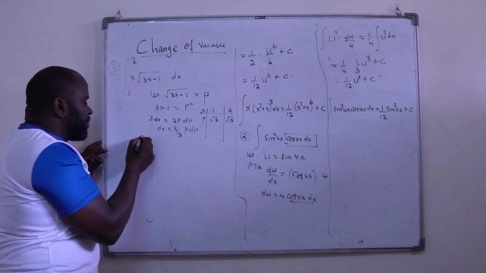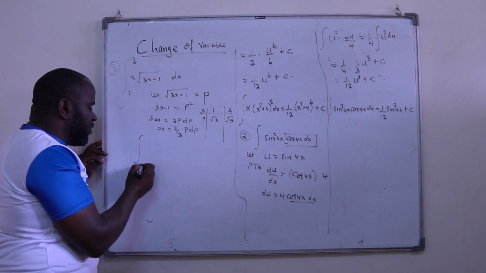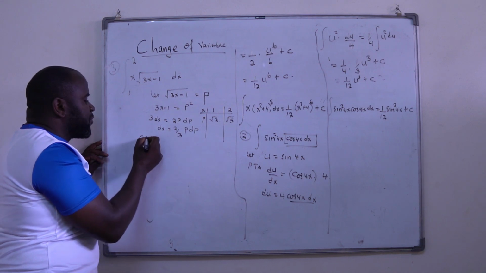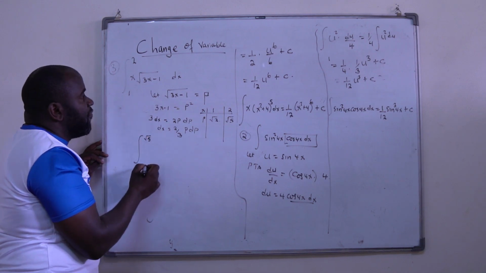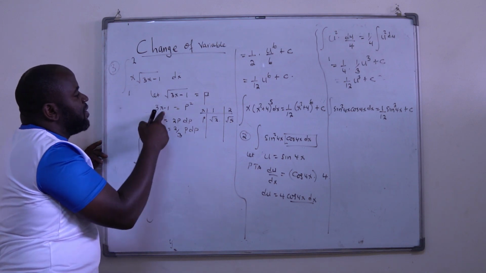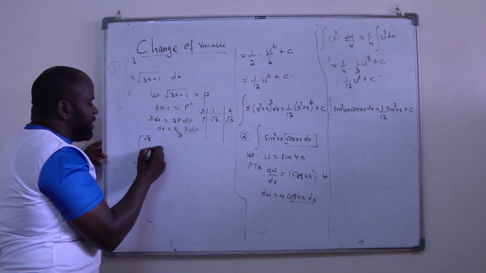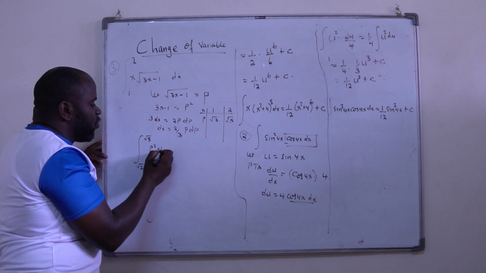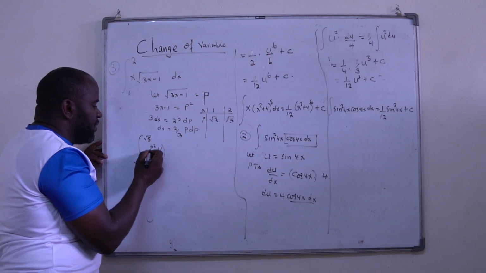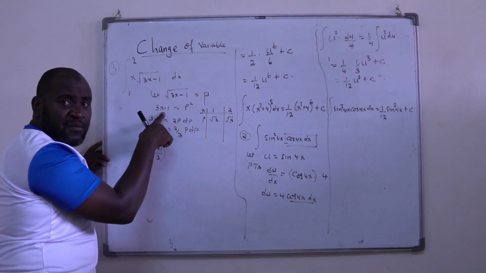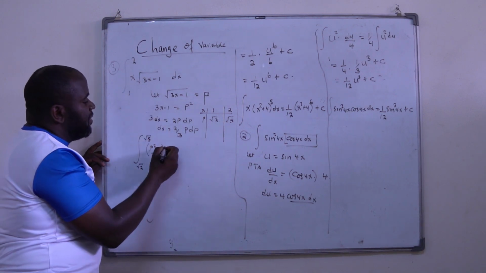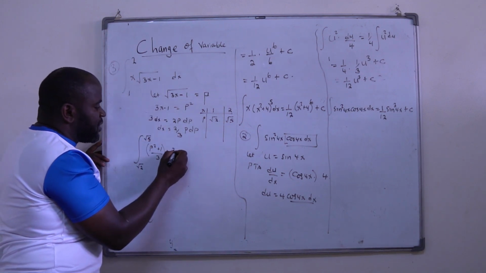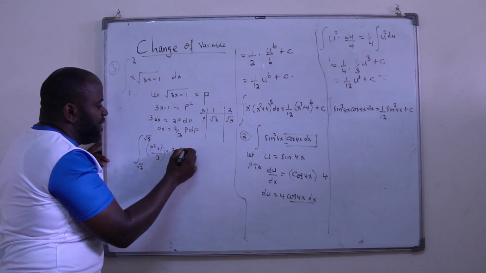Now, when I come to substitute for p, I'll have the integral from root 2 up to root 5 of x alone. x can be made the subject. x is p squared plus 1 divided by 3, because I make x the subject from right there. Then times dx, which is 2 over 3 times p dp.